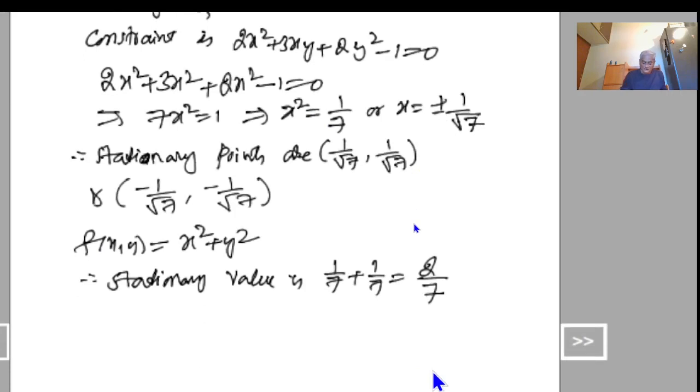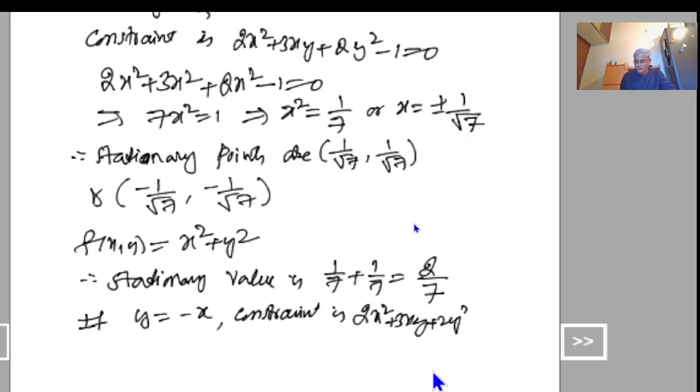Okay. Next, what happens if y equal to minus x? Then my constraint is 2x square plus 3xy plus 2y square minus 1 equal to 0.